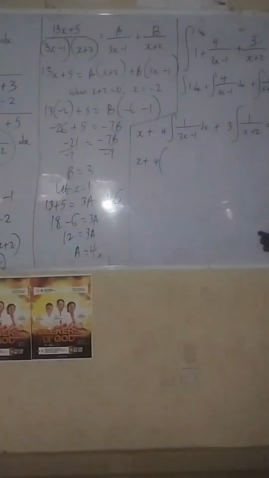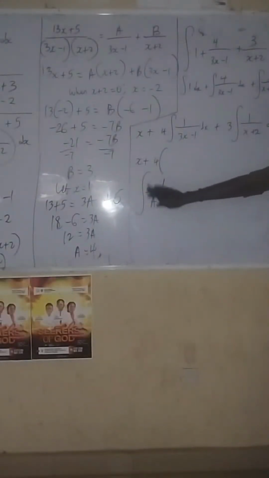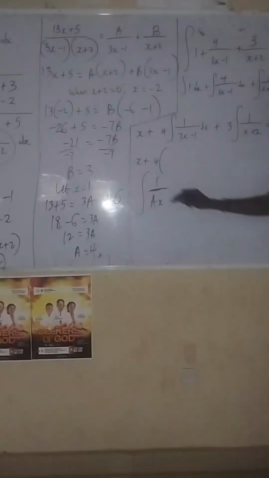One of the laws in your book says that when you have the integral of 1 over ax, it gives you ln ax over a plus c.